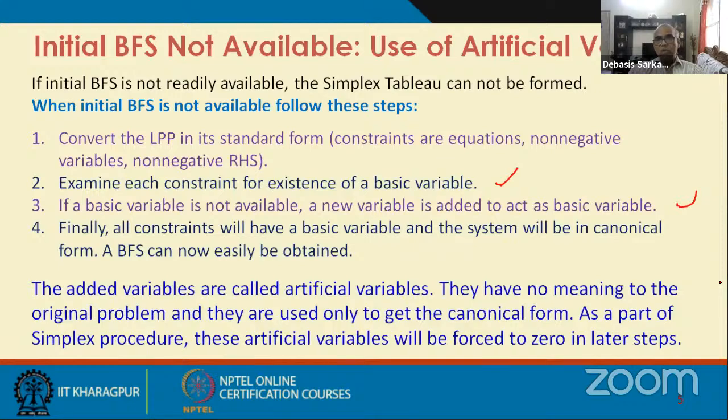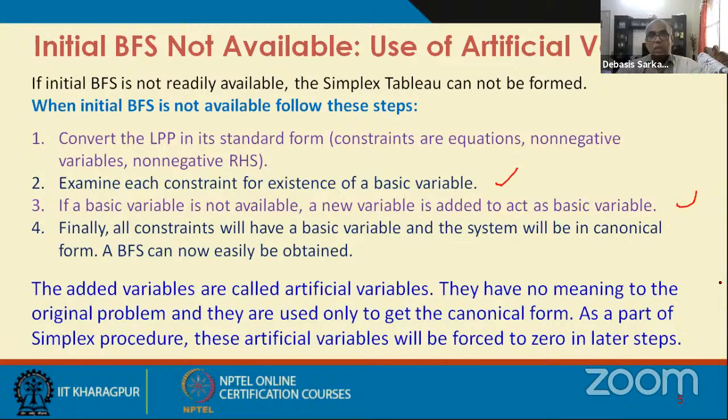Now, the problem is that the basic feasible solution that you obtain now does not belong to the original linear programming problem, because it becomes a basic feasible solution to the artificial problem that you have obtained by attaching artificial variables to the original problem.